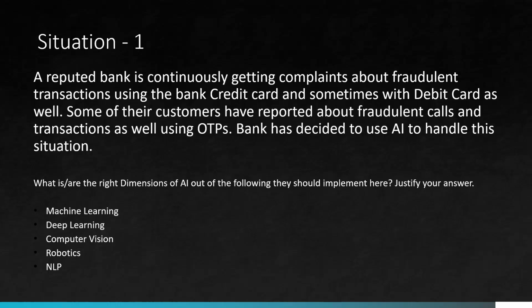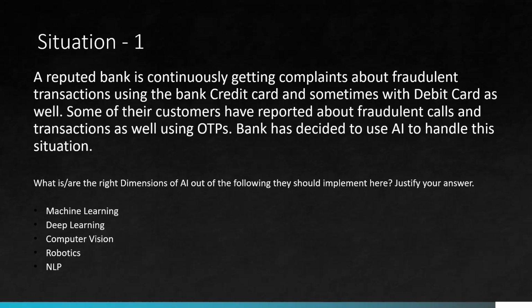Any idea? Any thoughts? See, I can just give you a hint, computer vision, robotics, NLP we have understood today. Deep learning is all about making decisions, doing analysis, and taking a decision like a human brain.